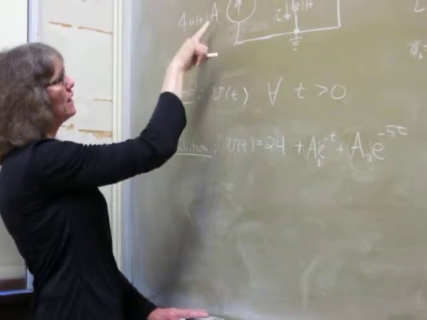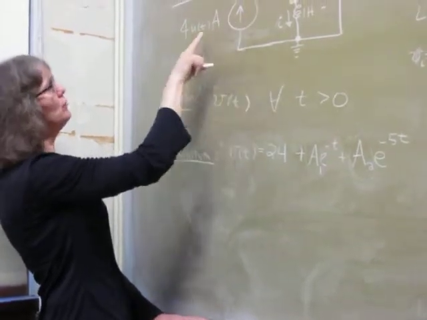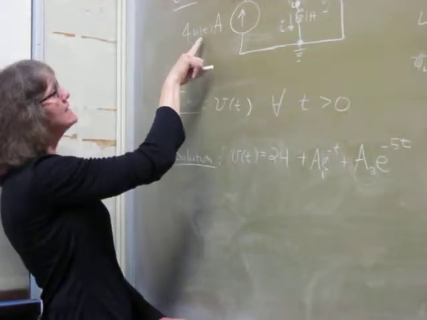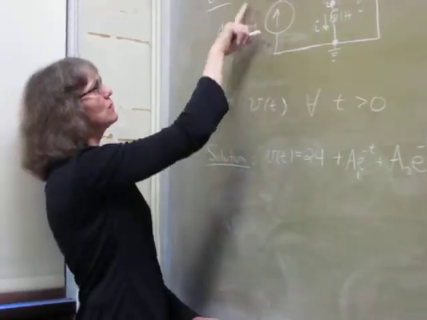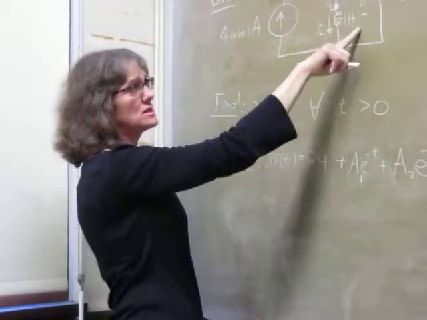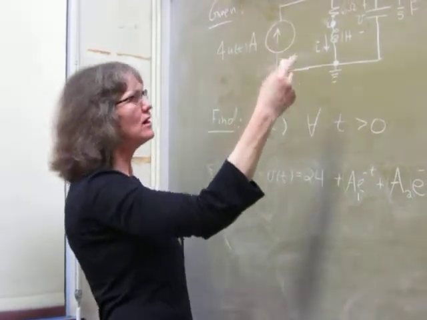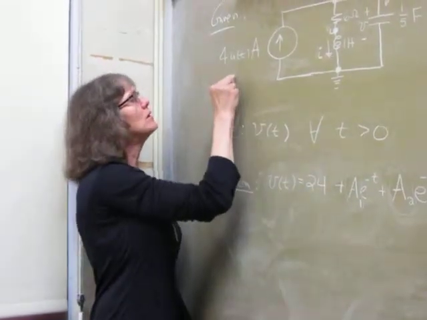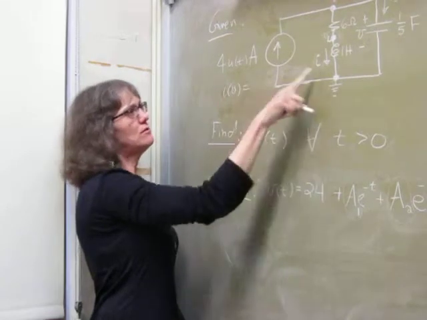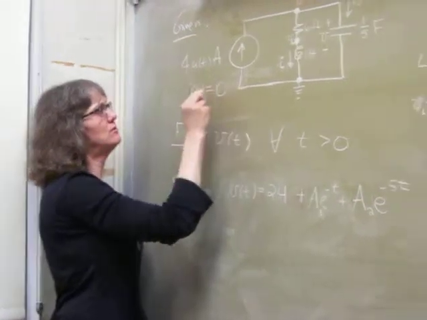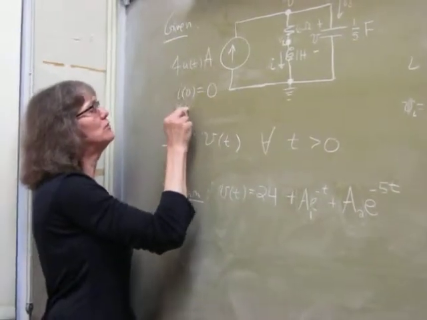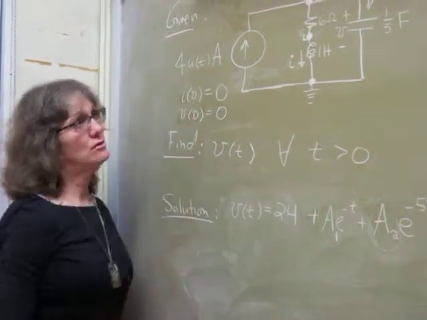So let me go back and point out to you that at t less than 0, this is 0. There is nothing driving this circuit. So if we presume that it's been like that for a long time, then both the initial current through the inductor is 0, and the initial voltage is 0.